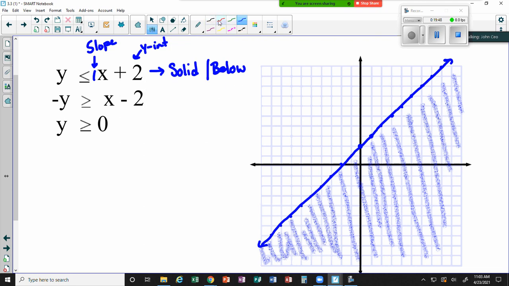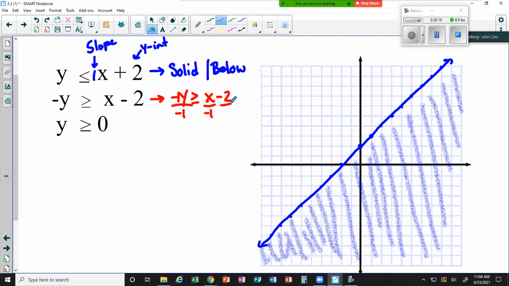Now, next one. Before I can do anything with this next one, I've got to do something. Do I have y by itself? No, I've got to get rid of that negative. How do I get rid of that negative? It's really a -1, right? I'm going to divide everything by -1.